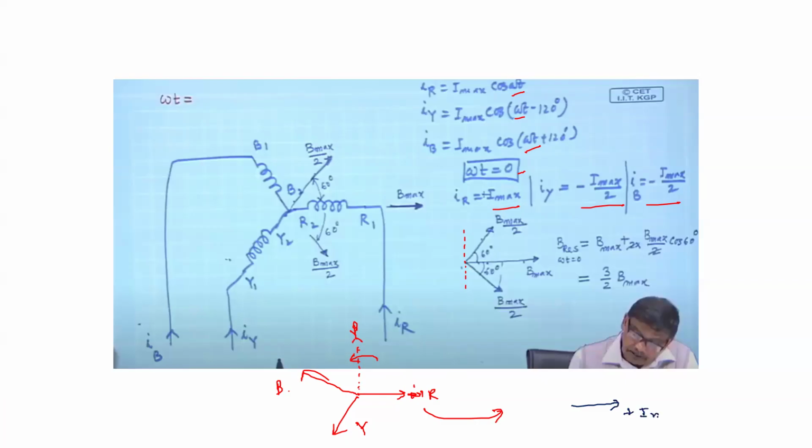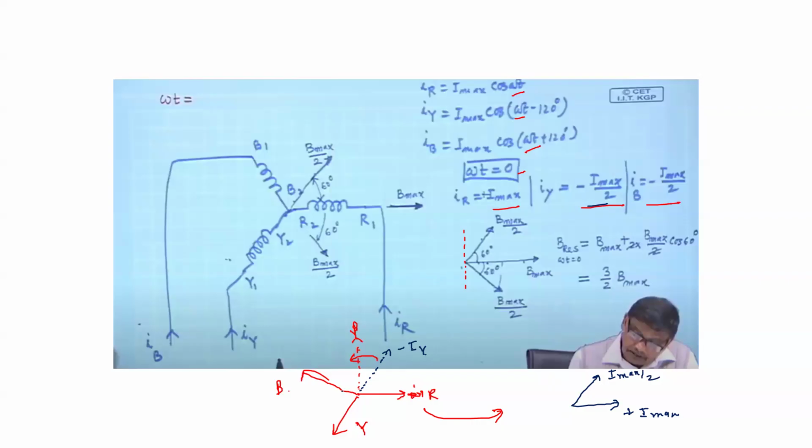IR is plus I max. IY is minus I max by 2, so here this is minus IY, which is I max by 2, because I have already taken the minus sign in this direction, so I am not writing it again.